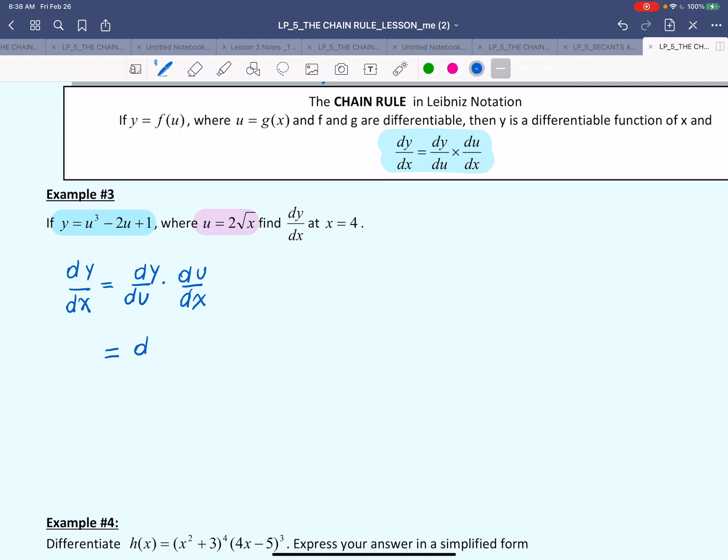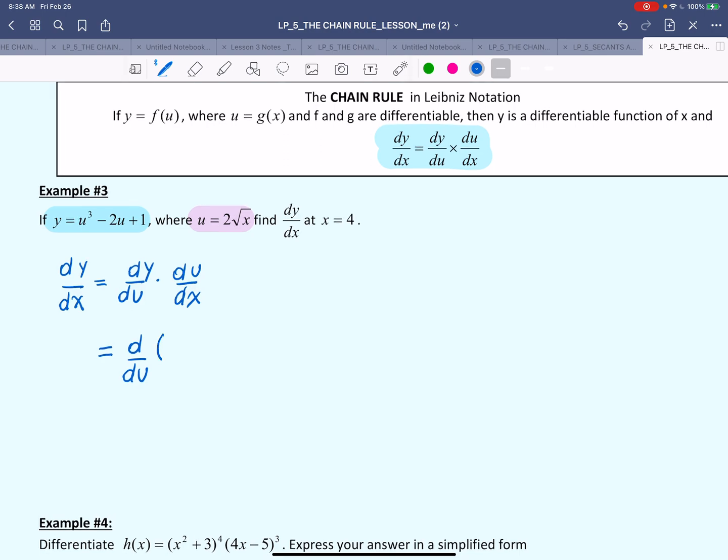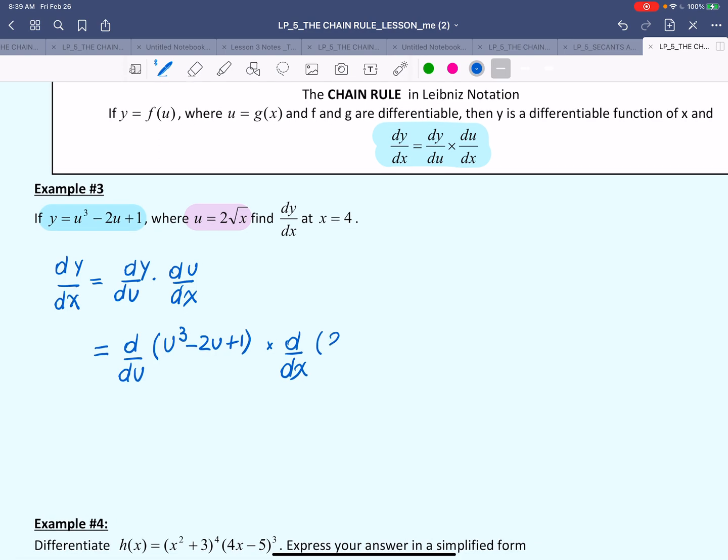The first factor, dy/du, is the derivative in terms of u of function y, which is u to the power 3 minus 2u plus 1. And this will multiply du/dx, the derivative in terms of x of function u, and function u is 2 root of x.